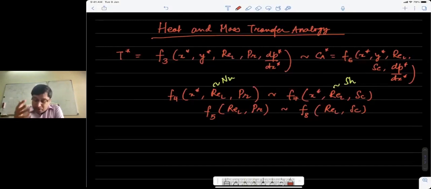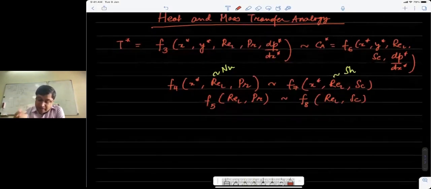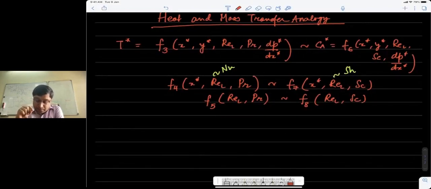Even without doing any experiments or detailed calculations, we can do this. So the processes are interchangeable. The physics remains the same in both processes because of the way the equations are written and the way the boundary conditions come out in the non-dimensional form.